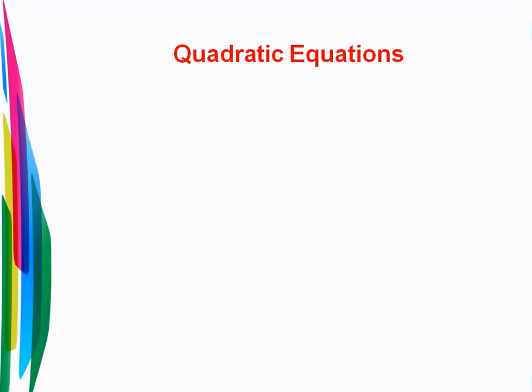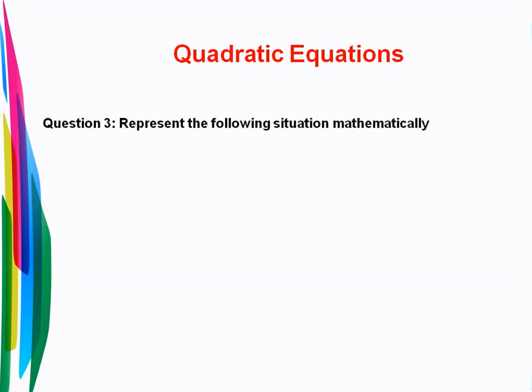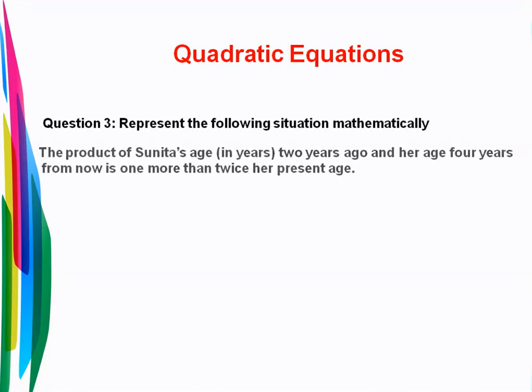Now I am taking another example. Represent the following situation mathematically. The product of Sunita's age in years 2 years ago and her age 4 years from now is one more than twice her present age. How are we going to start? We are going to start with the present age.